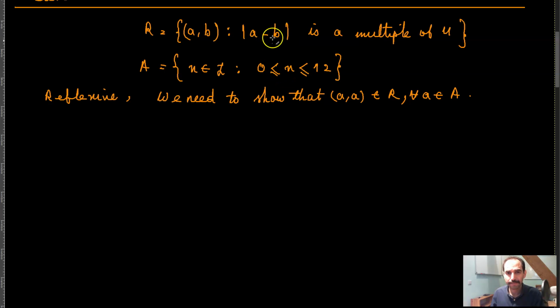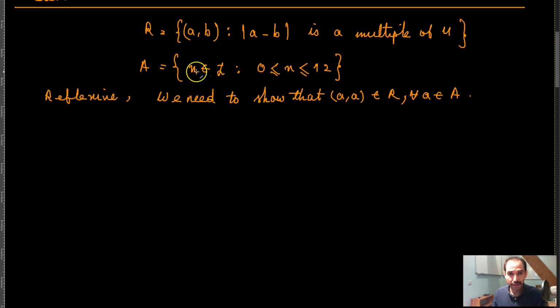Of course, A minus A is a multiple of 4.